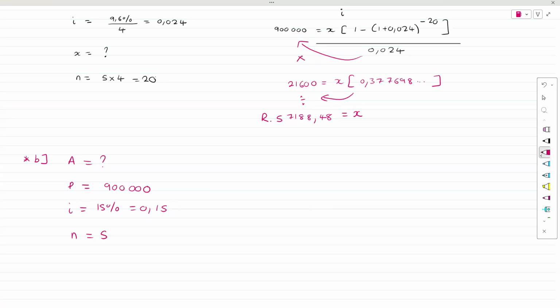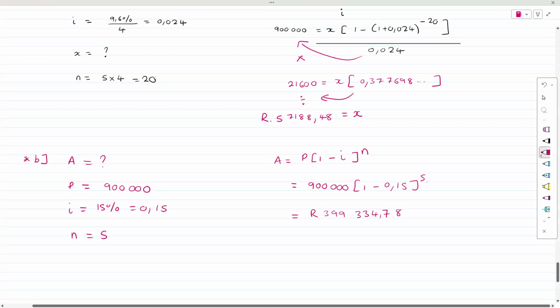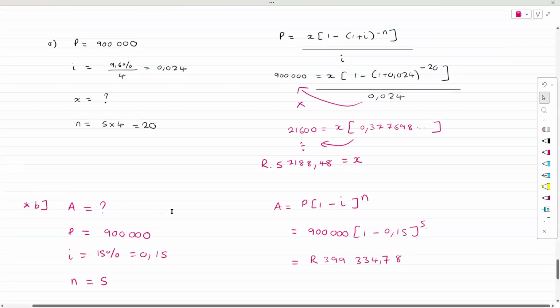There were multiple ways we could have dealt with this, but A equals P times 1 minus I to the power of N. Don't forget this is minus because it's depreciation. That's 900,000 into 1 minus 0.15 to the power of 5, and his truck from 900,000 becomes 399,334.78. Okay, so we know this is quite hectic, but that's a very big depreciation value.